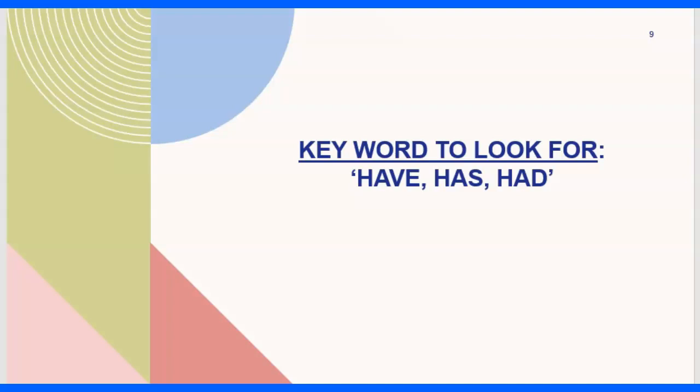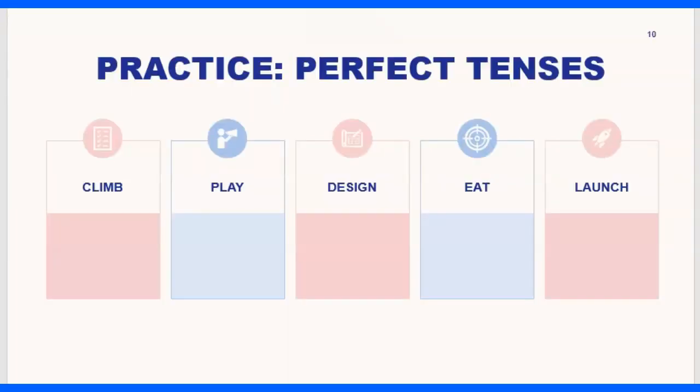All right, let's practice. So I have 5 verbs here: climb, play, design, eat, and launch. On that same piece of paper, I want you to pause the video and I want you to put each of the 3 perfect tenses. So you're going to have, here's the first one, I'm going to give it to you, so go ahead and write.